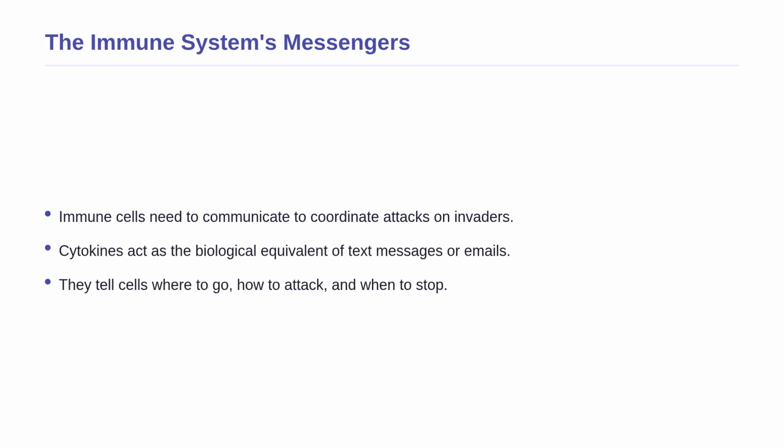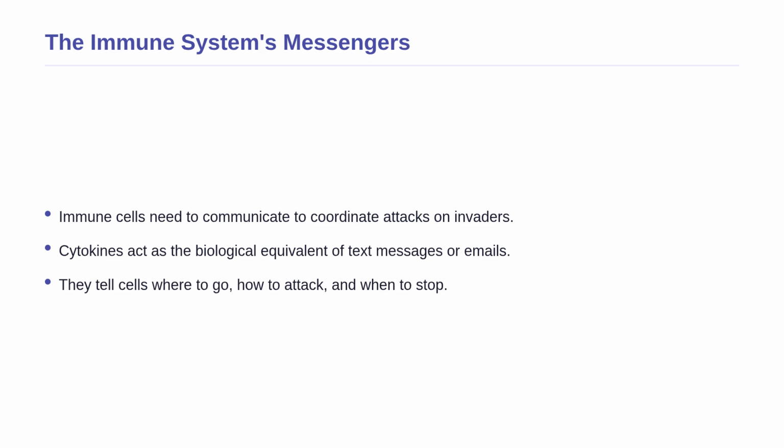To understand why cytokines are so important, we first need to look at the problem they solve. When a virus invades your body, the immune cells that detect it need a way to call for backup. Because cells cannot speak, they use chemical signals.